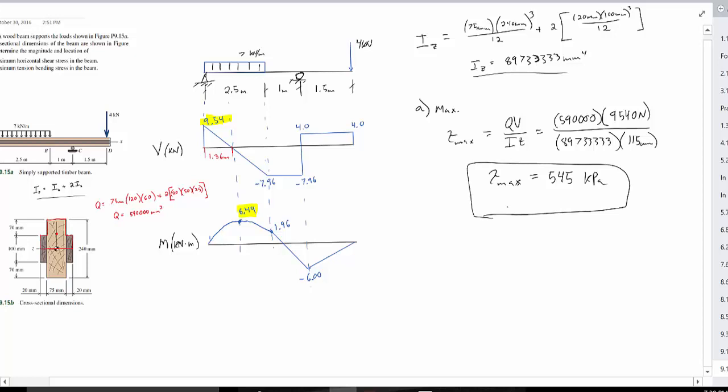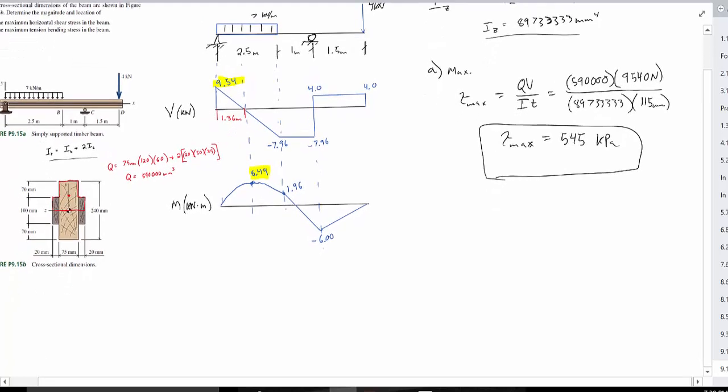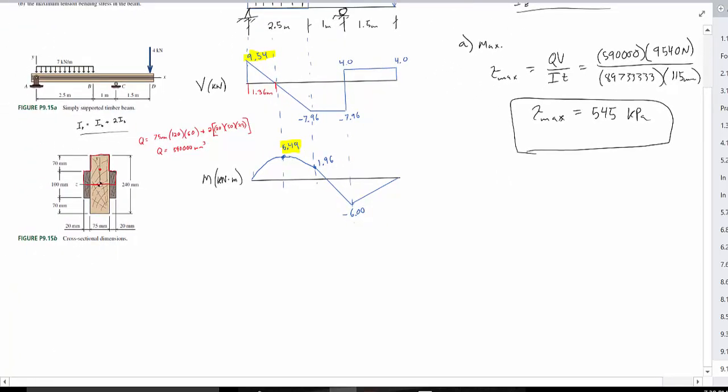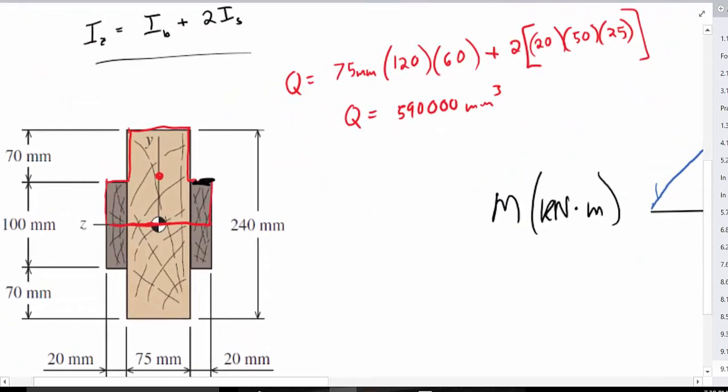Next is the shear stress at the top edge of the cover plates. The cover plates are at the top edge here, this distance here.